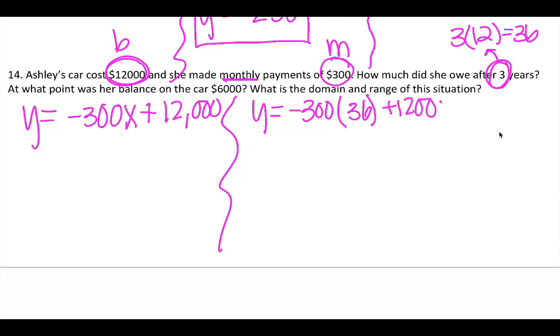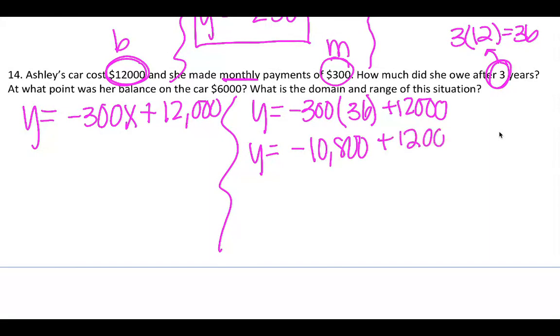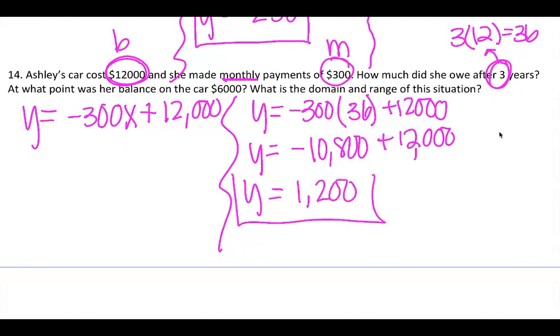So y equals negative 10,800 plus 12,000, which is 1,200. So after 36 months, that's all she owes. That's all she has left.